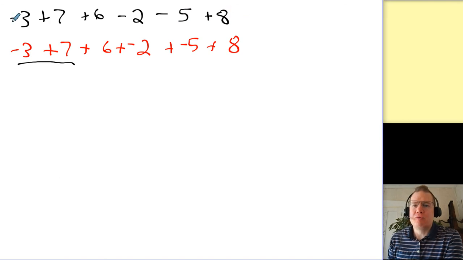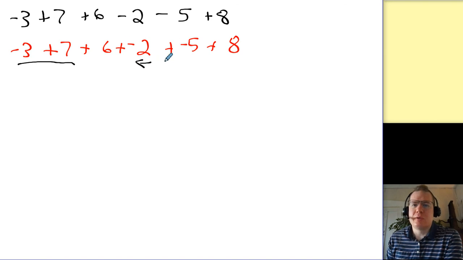Our eyes can read this more easily than all of these double symbols next to each other, but it's too easy when we see 6 minus 2 minus 5. Am I doing 2 minus 5, or what's going on here? By rewriting a minus as plus negative, it's more clear that the negative is applying to the 2.